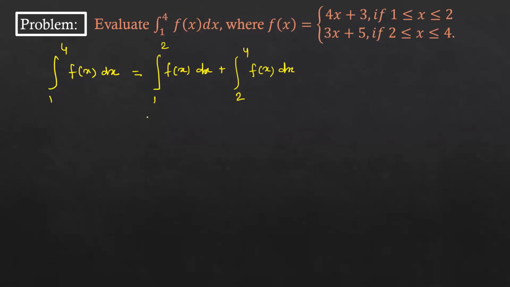In 1 to 2, the function follows the 4x plus 3 rule, so this is 4x plus 3 dx. And for integration from 2 to 4, it follows the 3x plus 5 rule. Okay, so just calculate these two integrations separately and you will get your answer.